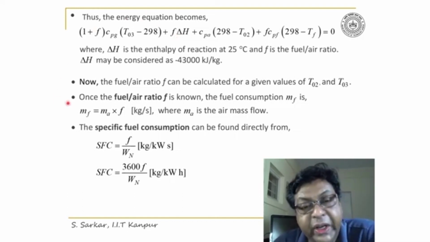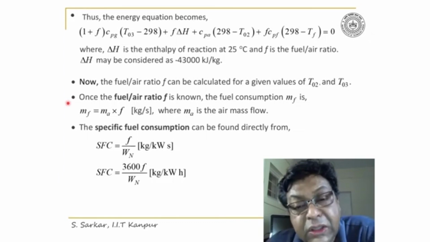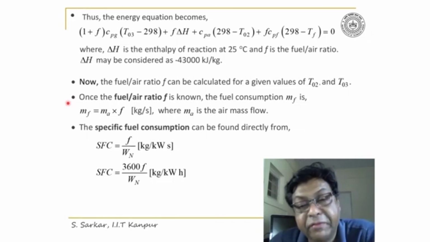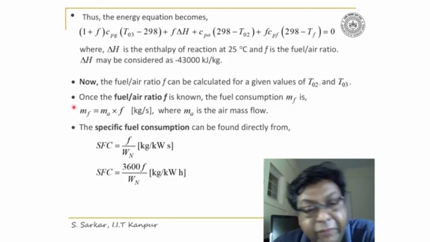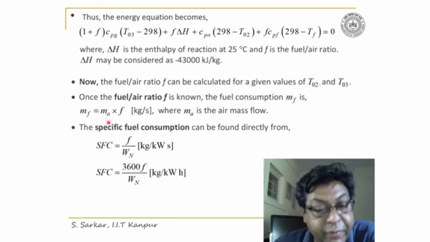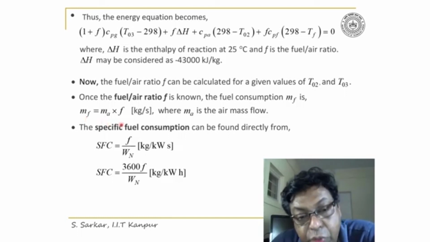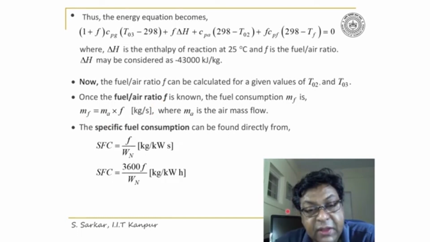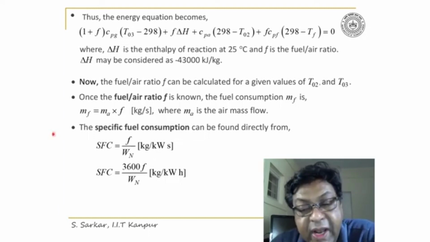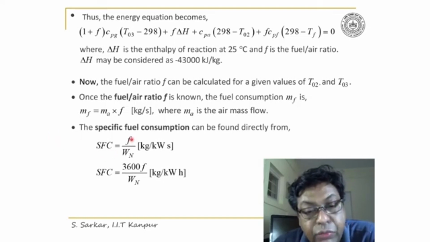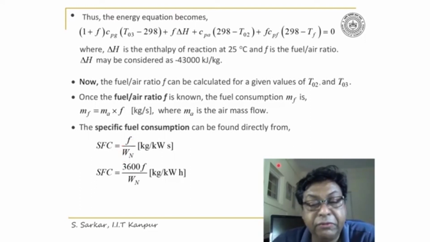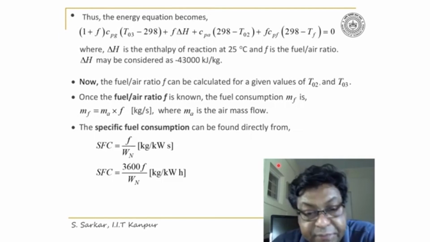Once the fuel air ratio is known, the fuel consumption for the cycle, MF, can be evaluated as MF equals MA into F, where MA is the air mass flow. Now, the unit of MF would be kg per second. Thus, the specific fuel consumption can be evaluated as SFC equals F divided by Wn, where Wn is the specific power output of the cycle.